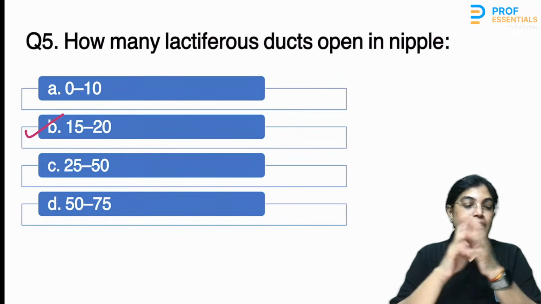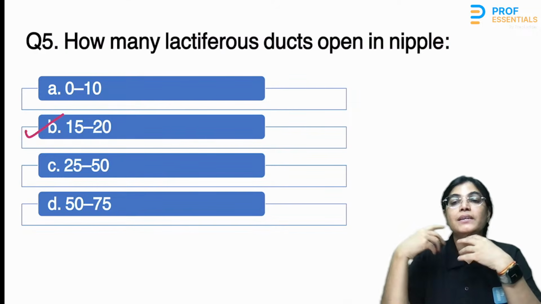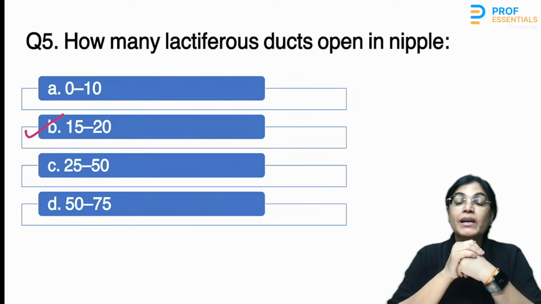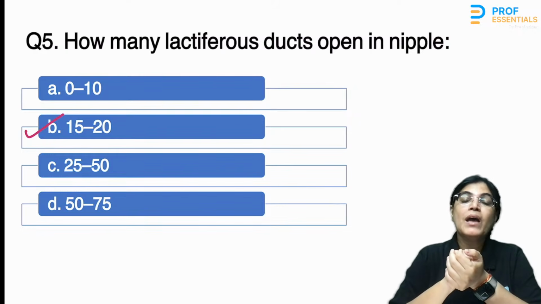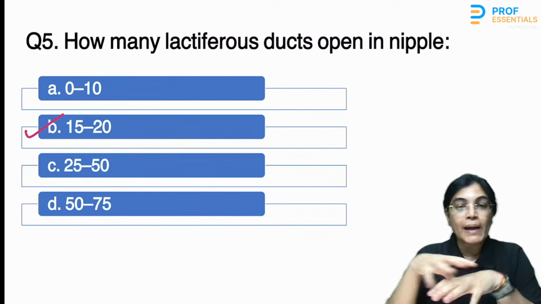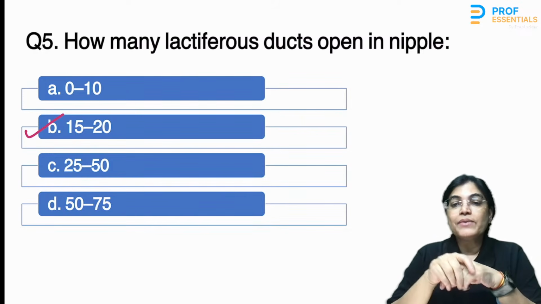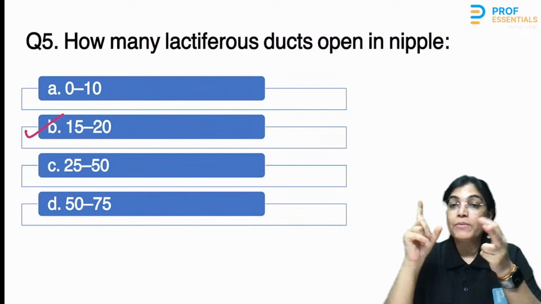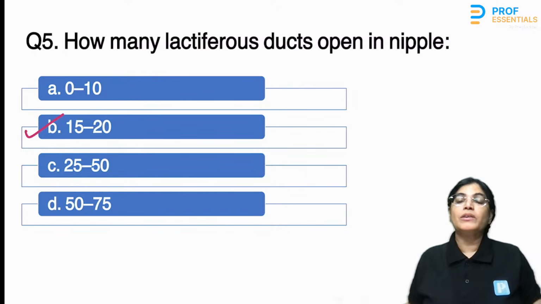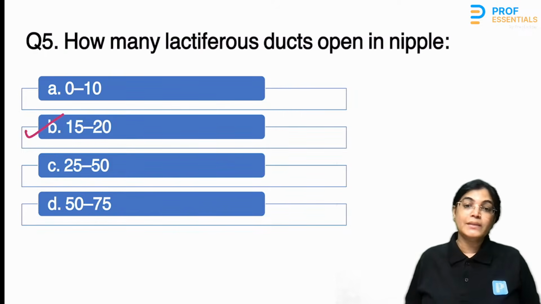Short notes can come, relations can come, lymphatic drainage can come, clinical anatomy can come, clinical cases can be made and asked as a long question. So multiple things can be asked from this topic, the mammary gland. It's a very important topic for long questions and for MCQs. It's also very important for competitive exams or the next examination which is going to happen in the near future.